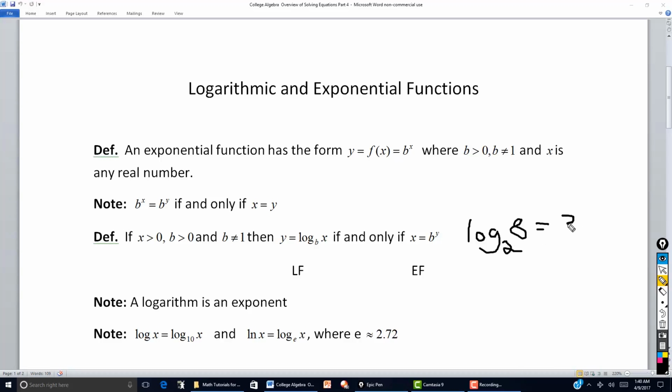Well, it would have to be 3, since 8 is equal to 2 to the third. Okay, so this is your logarithmic form, and this is the exponential form. So if you're given this, it means this, or if you're given this, it means this. You can go either way. Sometimes they give you the log form and tell you to write it in exponential form. Sometimes they give you the exponential form and tell you to write it in logarithmic form.